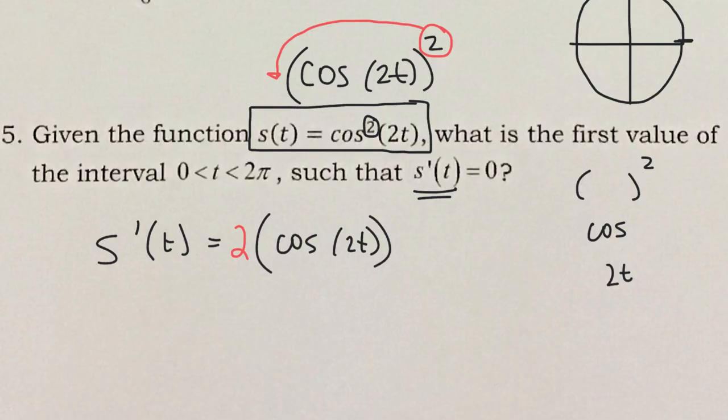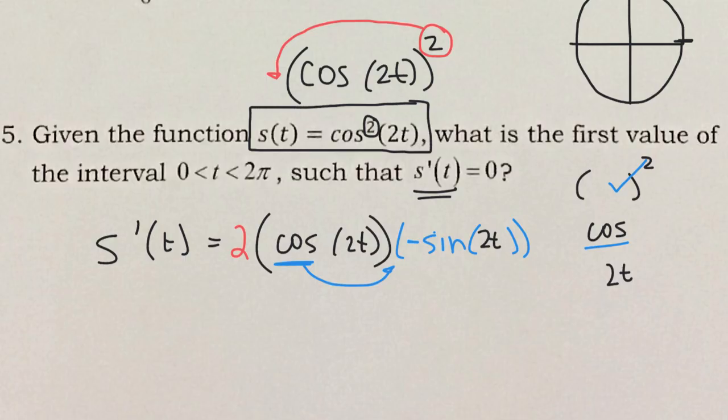Now I'm going to take the derivative of my cosine. So the derivative of cosine is negative sine. And my argument doesn't change. I still have my 2t in parentheses. The derivative of cosine of 2t is negative sine of 2t. Right, the angle part hasn't changed.